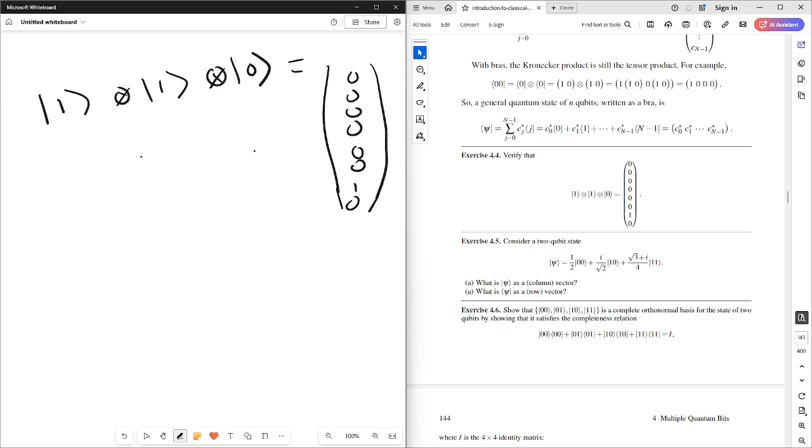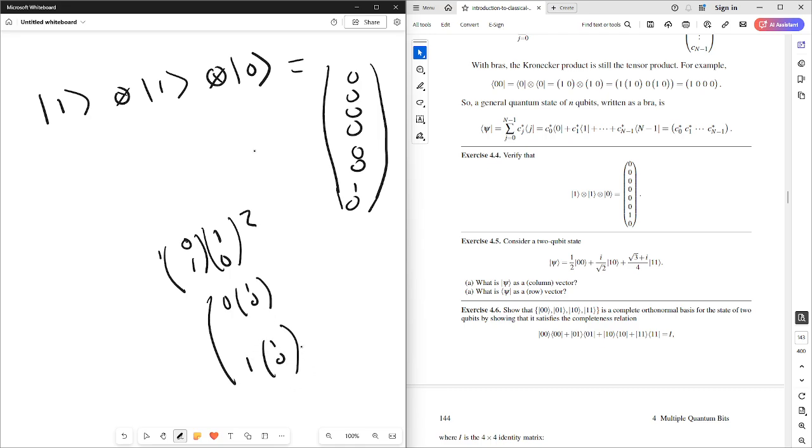So we'll take the tensor product. We'll go from right to left. So 1, 0, 0, 1. So the first one with the second one. So this equates to 0 times 1, 0, 1 times 1, 0.